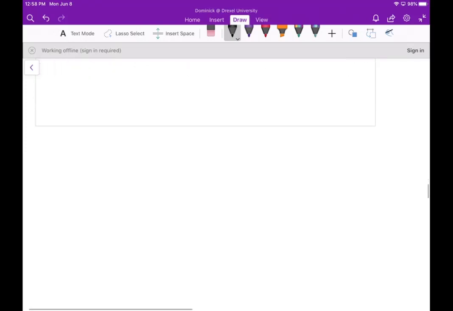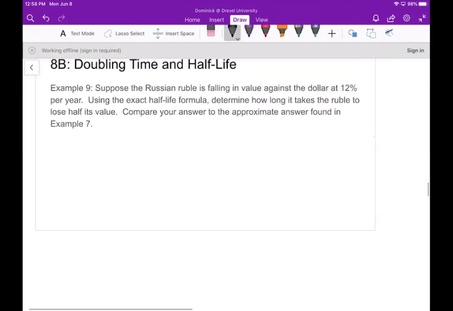Okay, now I believe this is the last example. Yep. So suppose the Russian ruble is falling in value against the dollar at 12% per year, and then using the exact half-life formula we'll determine how long it takes for the ruble to lose half of its value. So the exact, remember, is t half equal to minus log 2 over log of 1 plus r.